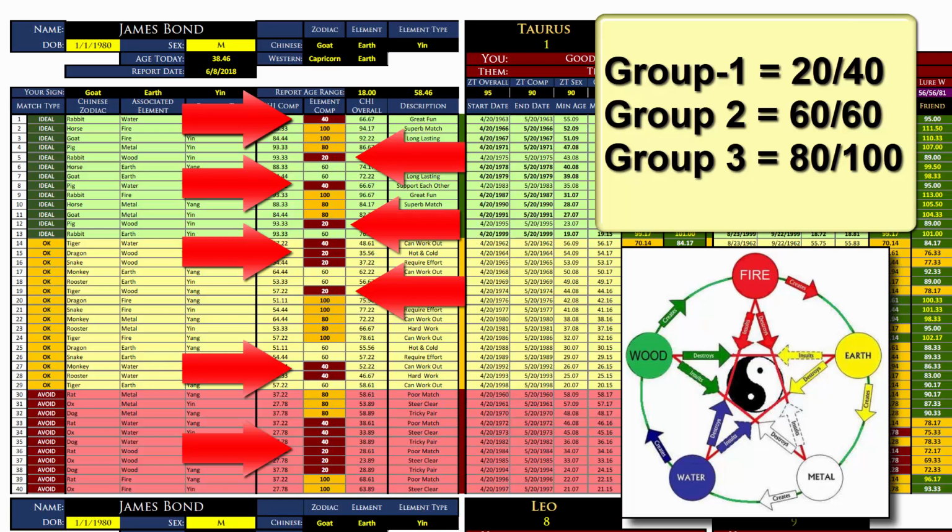So these calculations here represent James Bond's perspective, all right?